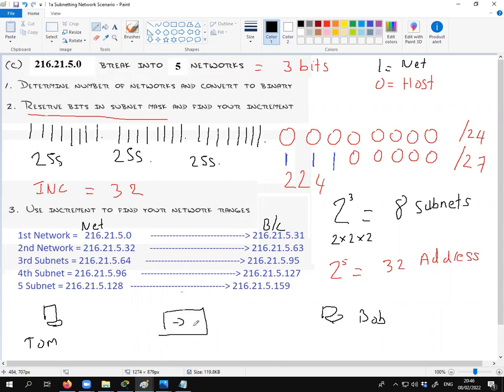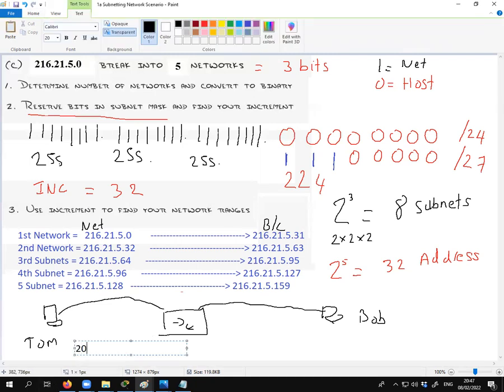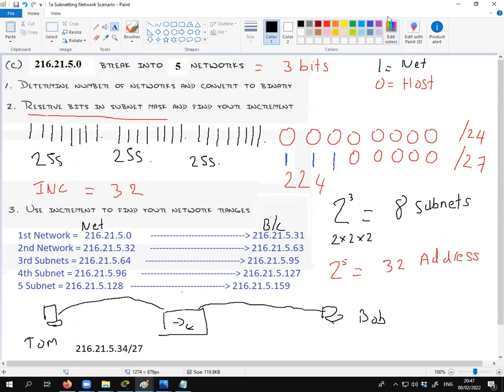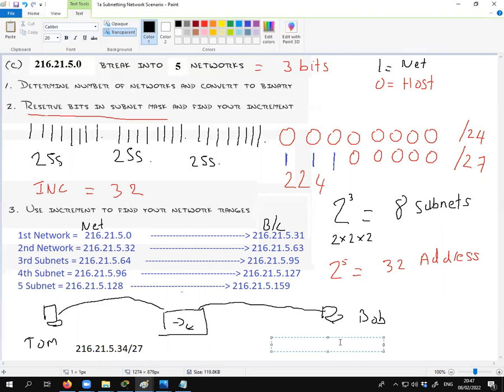Tom's IP address is 216.21.5.34/27. And Bob's IP address is 216.21.5.30/27.